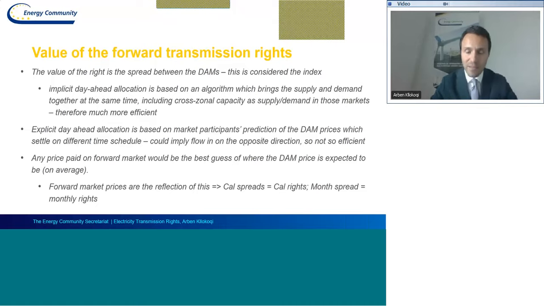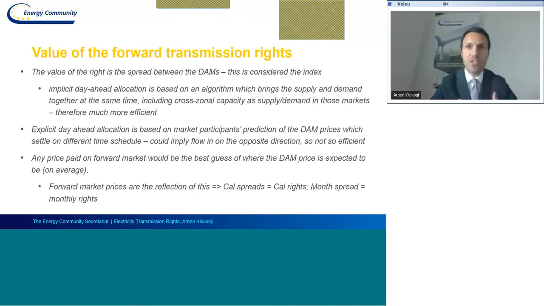As I said, in the implicit allocation, this is basically a market coupling. The day-ahead and intraday rights, but let's focus currently on the day-ahead, are allocated in an algorithm which brings together supply and demand in one zone, as well as supply and demand in the other zone, including the cross-border capacity available for exchanges between two zones.